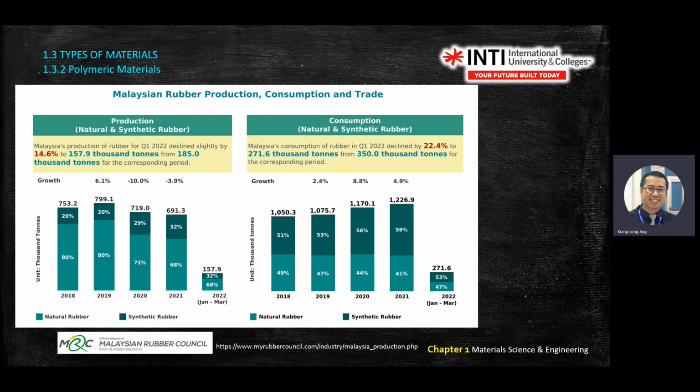You can see the production of natural and synthetic rubber, and consumption. We do import rubber from outside, although we also produce. But the application of polymeric material is increasing from year to year.